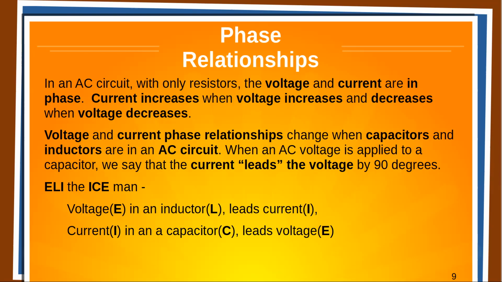There's a saying to help you remember this called ELI the ICEman: for an inductor, E leads I, so the voltage in an inductor leads the current. The current in a capacitor leads the voltage. It's a real easy way to remember those formulas.